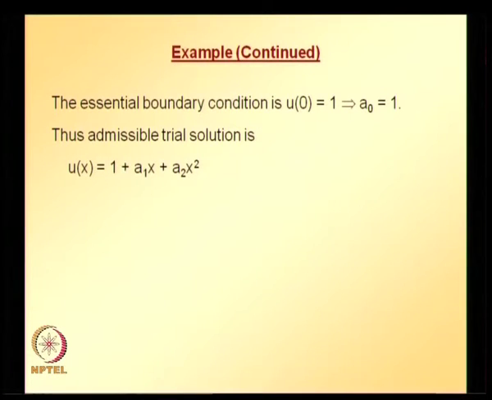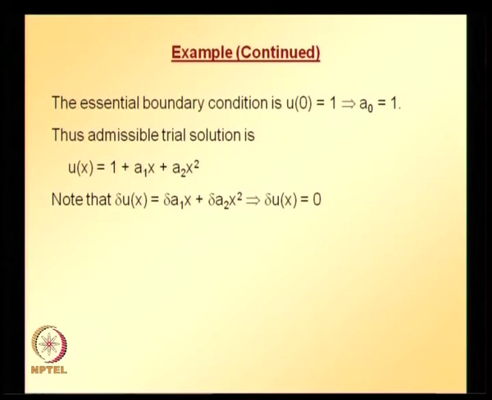Again here your job is to find a 1 and a 2. Once you go through the whole process and find these unknown coefficients, you come back to this equation, back substitute a 1 a 2 into it, and you will get the approximate solution for this problem.